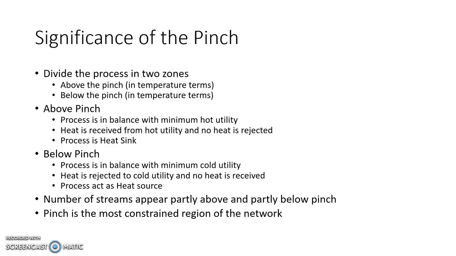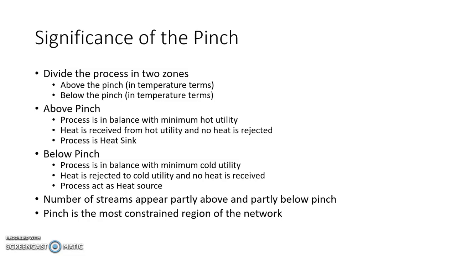Once we have obtained the pinch point and we try to place the heat exchanger network diagram, we will see that a particular stream may be partially above pinch and partially below pinch. So all the streams which are below pinch will be taken to the pinch point, and from the pinch point to their final destination.